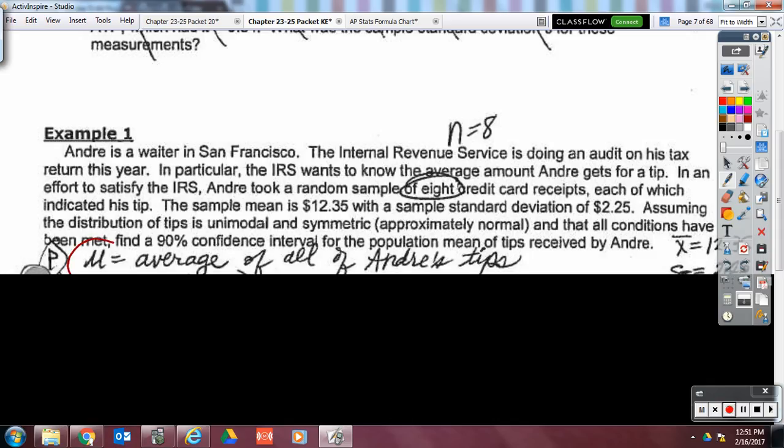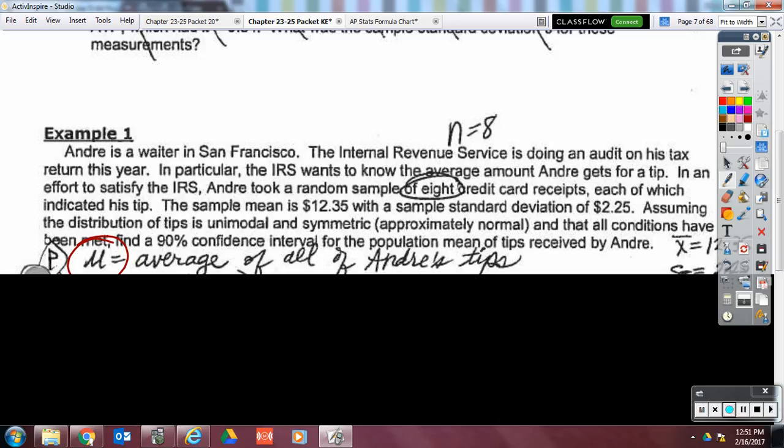We're going to make an inference about the population average of all of Andre's tips. So this unit, we have mu's for our population numbers, and we're going to use that X bar to make an inference about a mu. Okay, so there's our parameter. We will not do the assumptions.